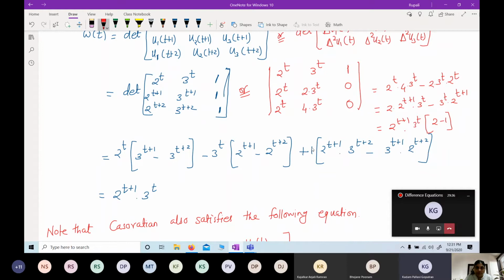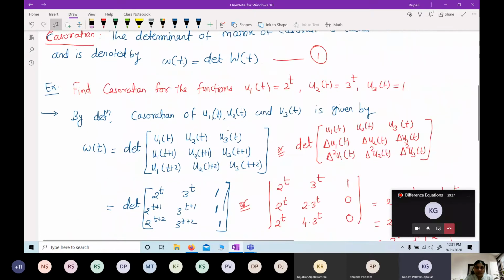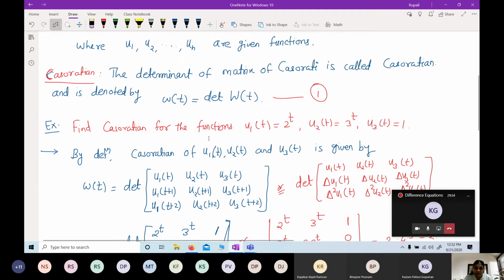Whether you use this definition or this definition, it doesn't matter. You will get the same answer. But if you use the delta definition, then for simplifying, it will be better. And you can check these two definitions are nothing but the same.